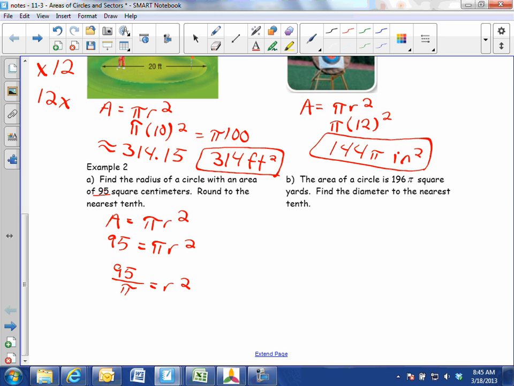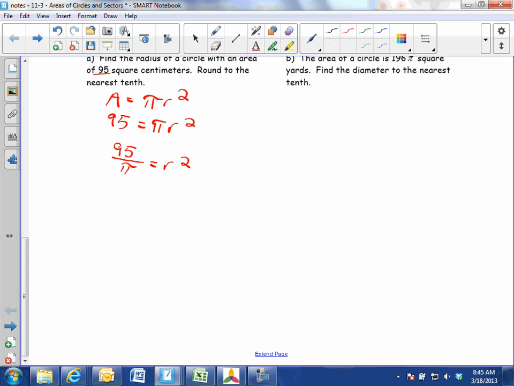Right, because if we divide by pi, we have r squared left. And then to get rid of the square, I do the opposite, so I take the square root of 95 over pi. In your calculators, make sure that you put this in parentheses, otherwise it may think you're just taking the square root of 95 and not the whole thing. So find the square root of 95 over pi.